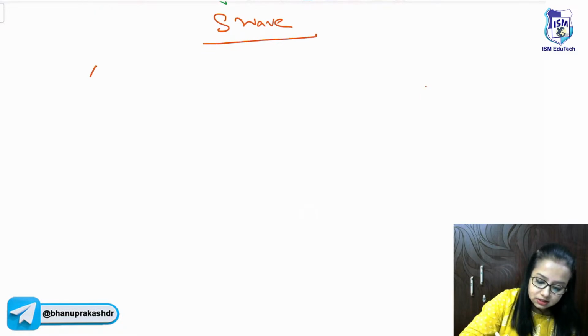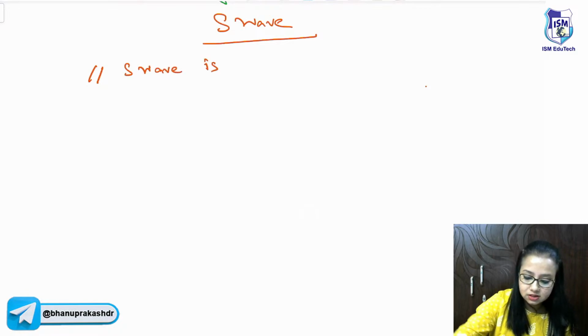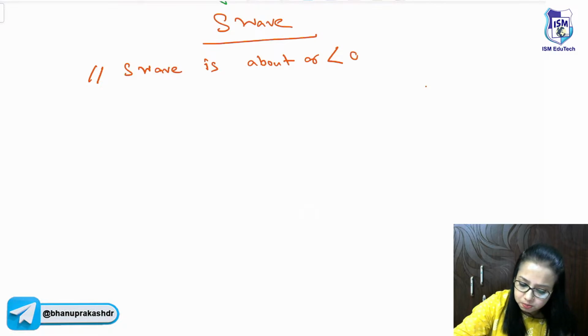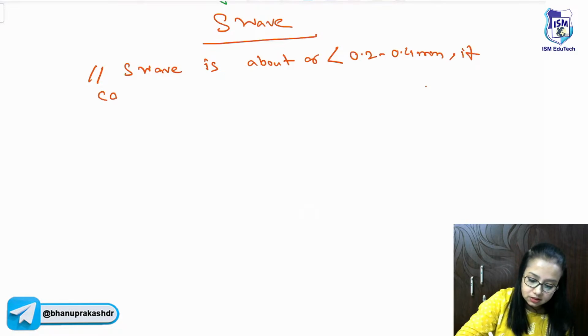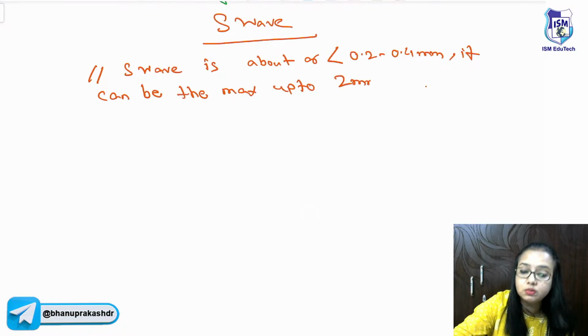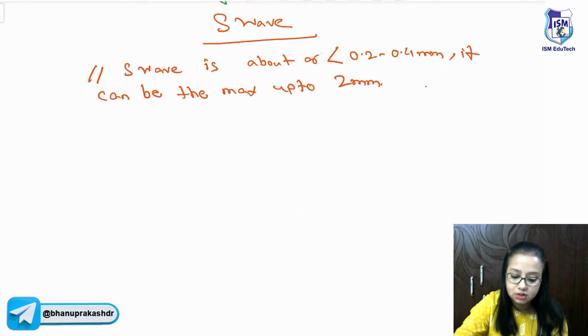This S wave is about 0.2 to 0.4 millimeter. Okay, it is very small. Maximum it can be up to 2 millimeter.